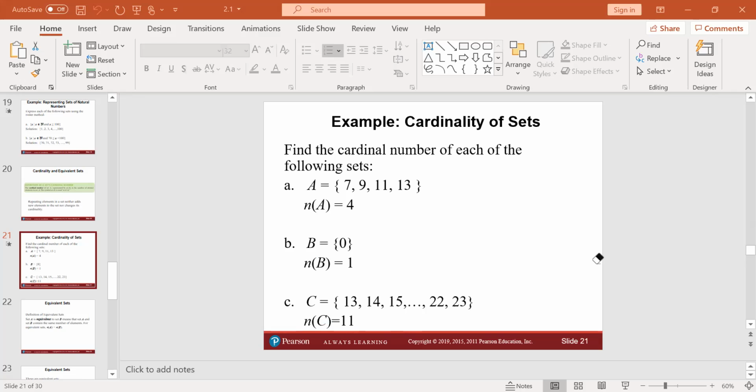Do you guys want to know why? What happens when you're doing subtraction? You're not counting the endpoints themselves. You're counting the number of spaces in between the numbers. And this will just be a fun little side thing. This is a common mistake. Think about the numbers 13, 14, and 15.